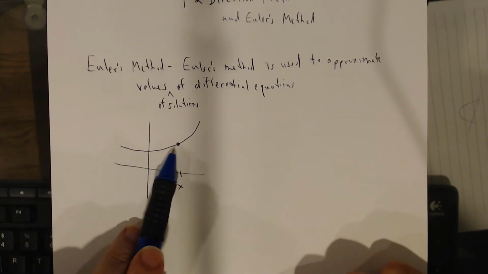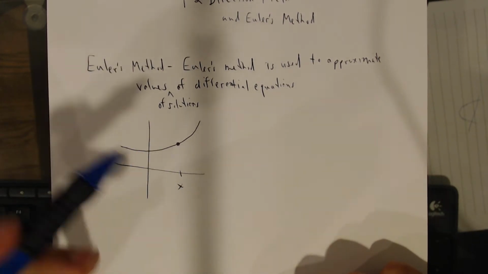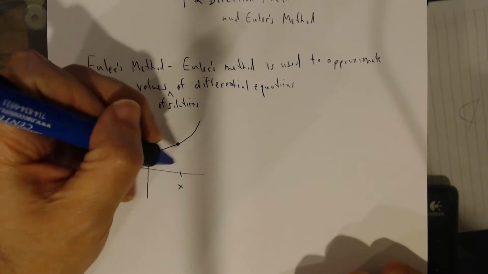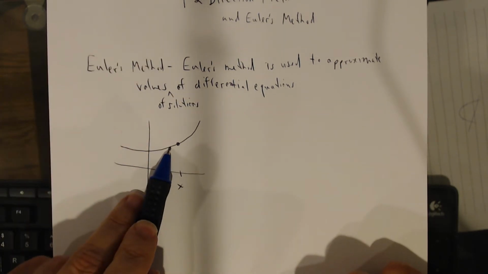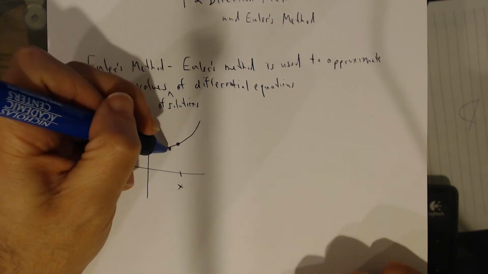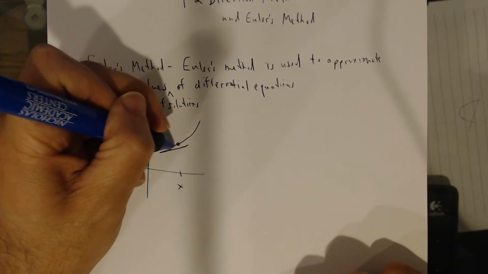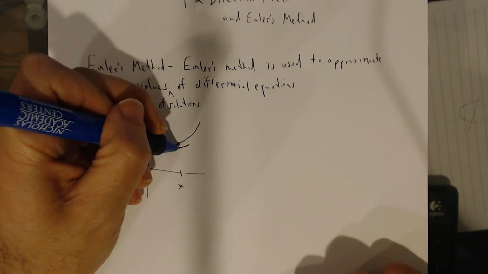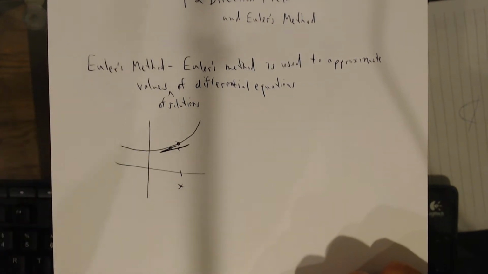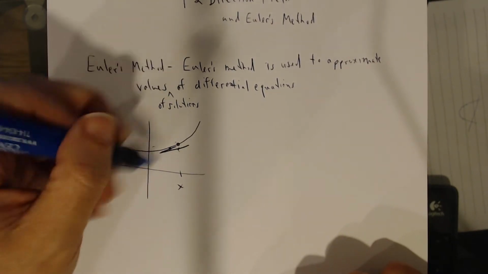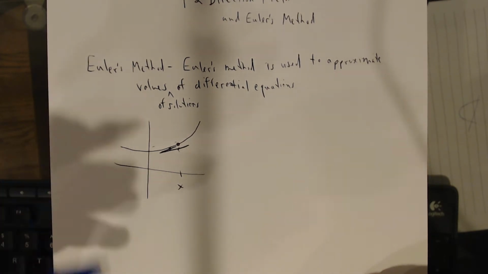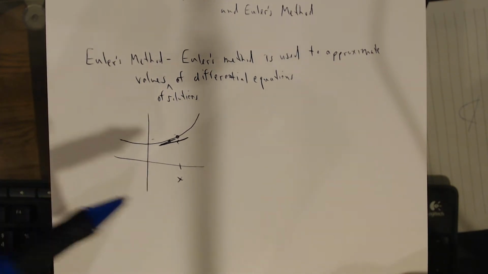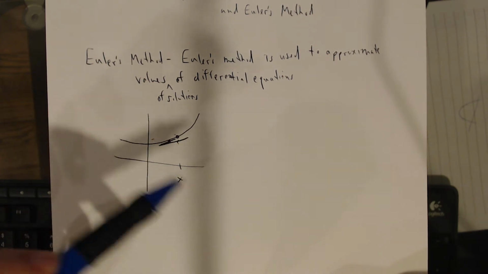And we noticed finding that y value, that solution, was difficult. But if we found another x value where the y value of this function was easy to find, we used that, and then we used the equation of the tangent line, and the y value of the tangent line was used to approximate the y value of that curve. If you remember, this was called linearization. So Euler's method does something similar to that, except it actually is more accurate.